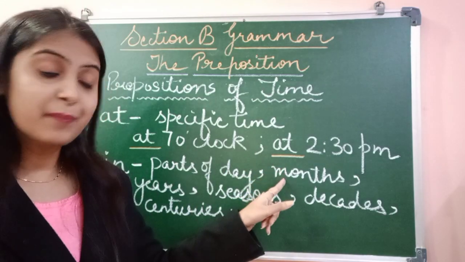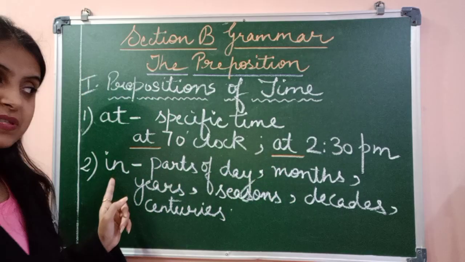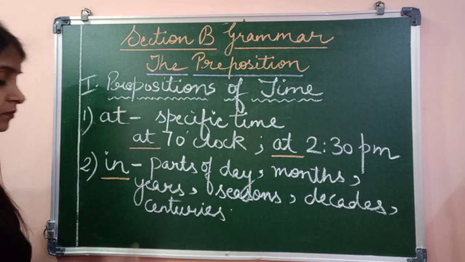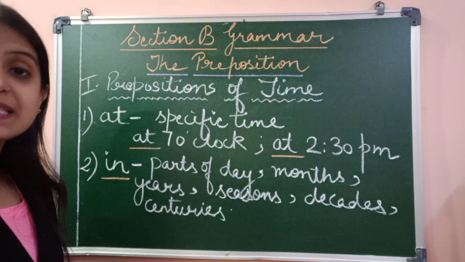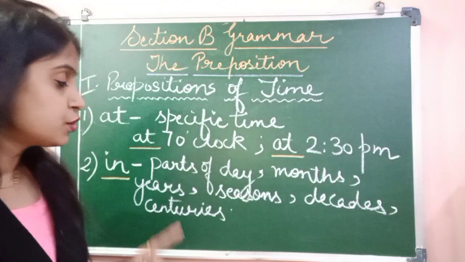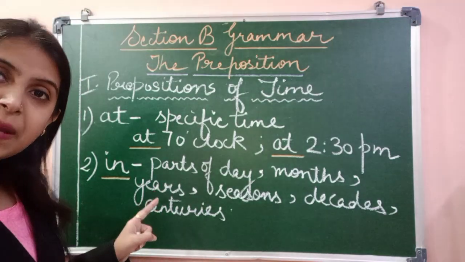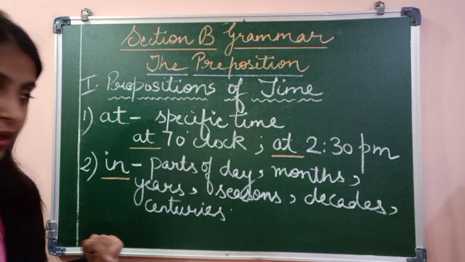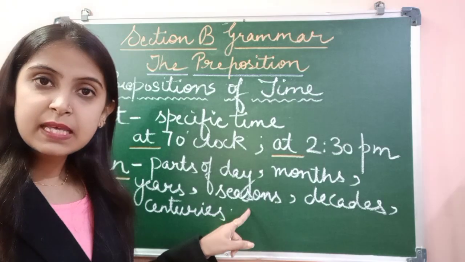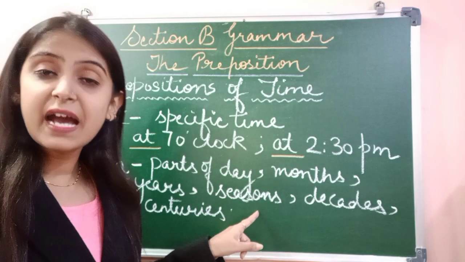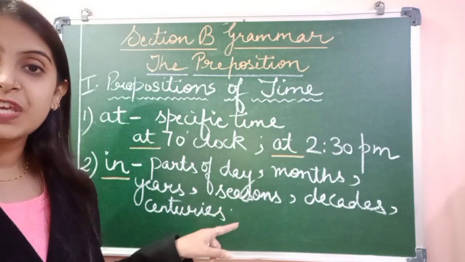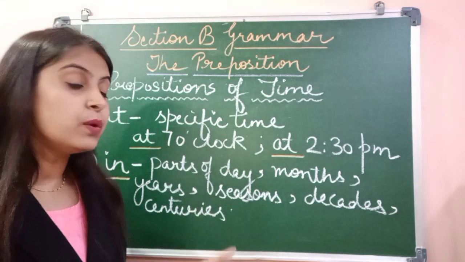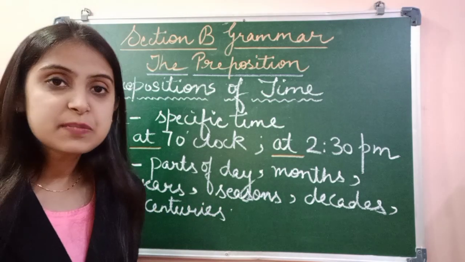So with months also we use preposition in. With years, India got independence in 1947. So with years also we use preposition in. With seasons, I like eating ice creams in summers. So with seasons also we use in summers, in winters, or in spring.